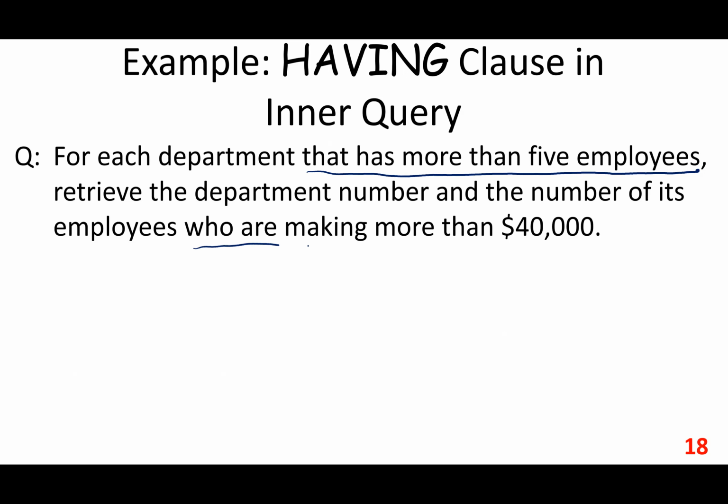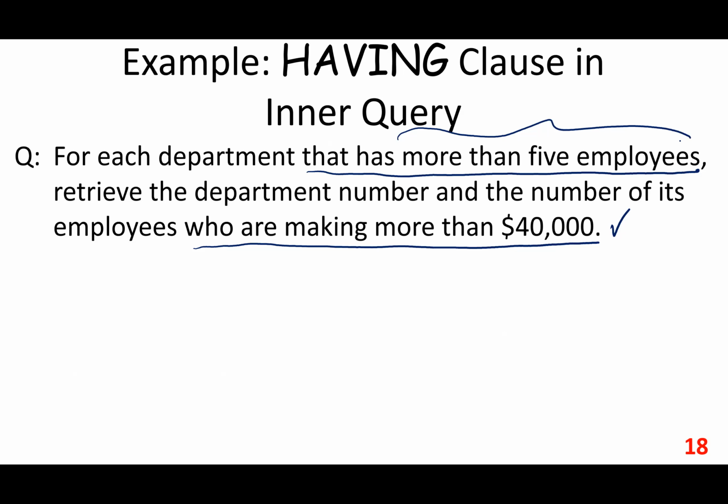And another selection condition here. You can see this is a selection condition, right? The salary number. Each employee gets a salary. So that's a selection condition. And this one, each department that has more than 5, that's the group condition, right?